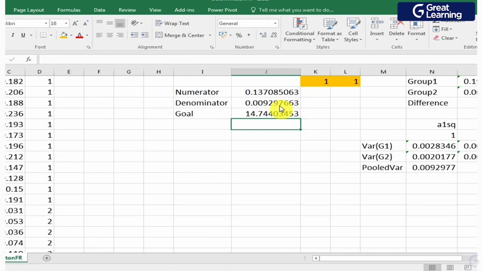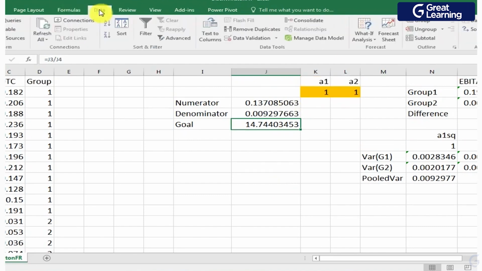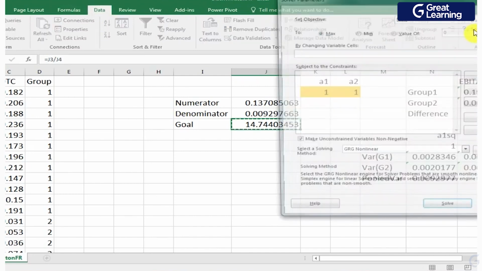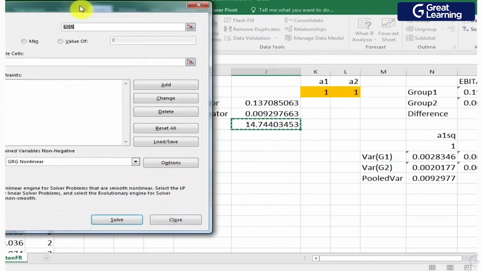And therefore now, ladies and gentlemen, we have to set the denominator equal to 1 as a constraint. So data, solver, we take, what is the objective?